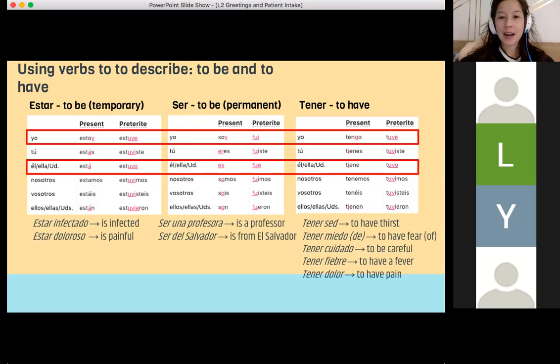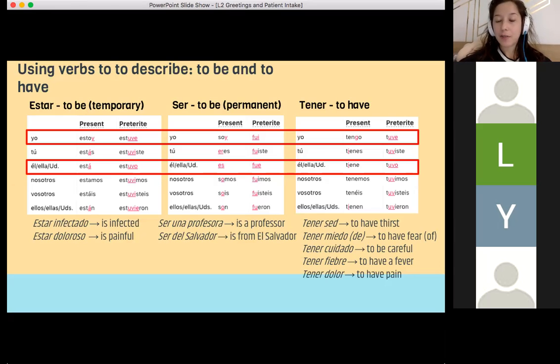Tener is another way of describing things. There's some almost symptoms, states of being that are described not by adjectives, but someone possessing that state. Like if you're thirsty, you can say you have thirst, and that would be tener sed.